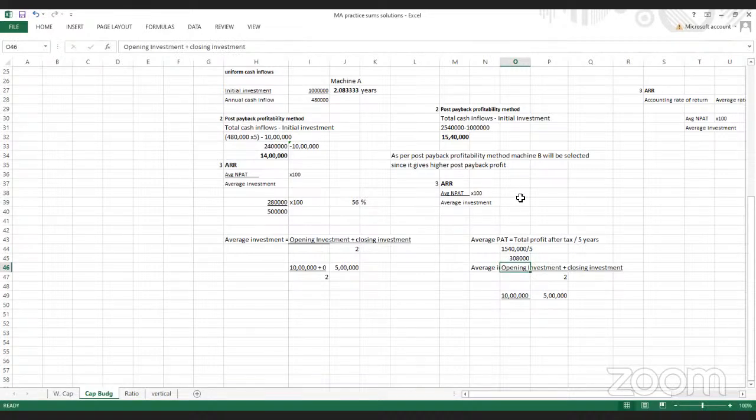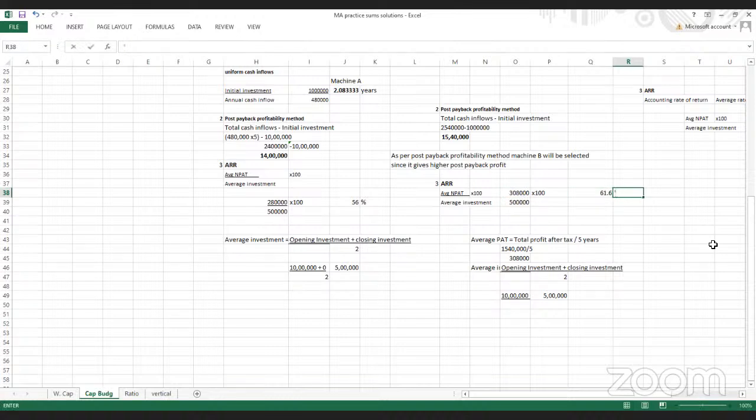So 3,08,000. So I use these values. 3,08,000 is my PAT. Average investment is 5 lakhs into 100. So if I solve this, I'll get answer as PAT 3,08,000 upon 5 lakhs into 100, which is 61.6%.